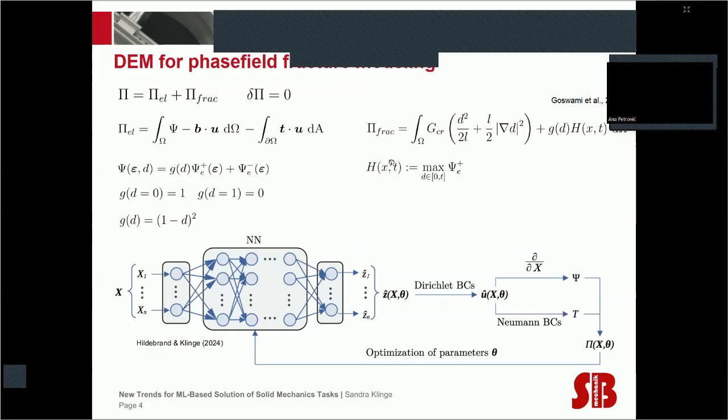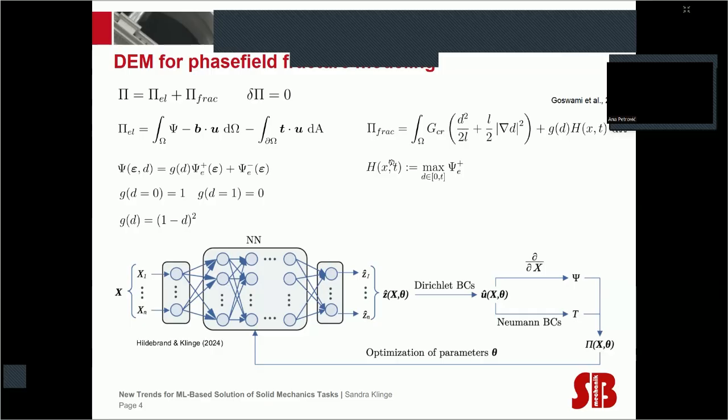In this case, the potential consists of two parts, an elastic part and then a damage part. And the elastic part includes a part due to the external load and the internal part. The internal part is then split into one positive part, due to the tension, and one negative part, due to the compression. Only the tension part is multiplied by a damage function, which has to fulfill the following conditions.